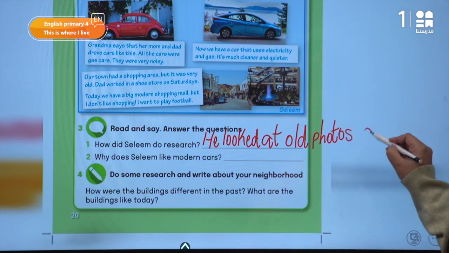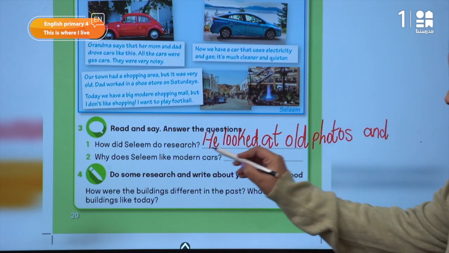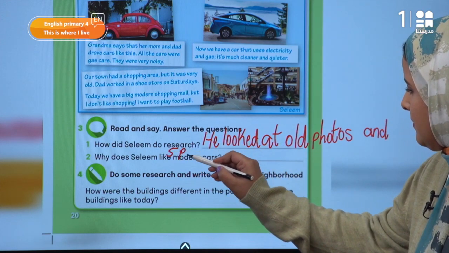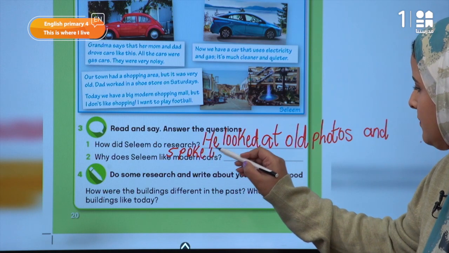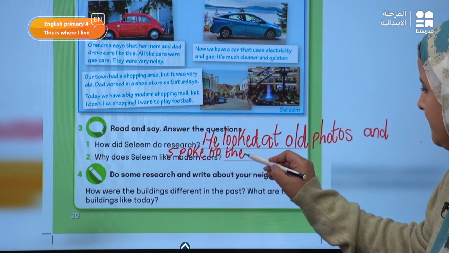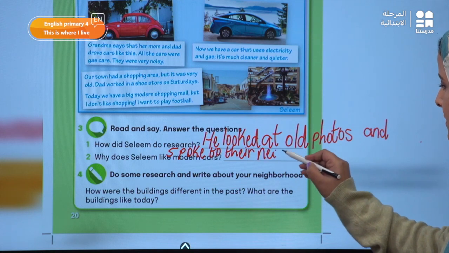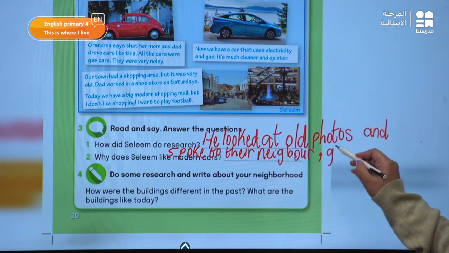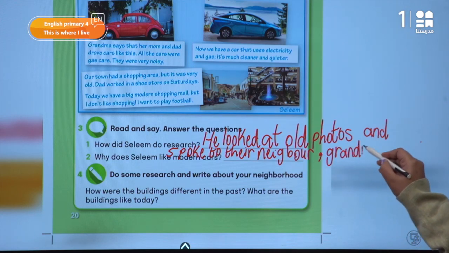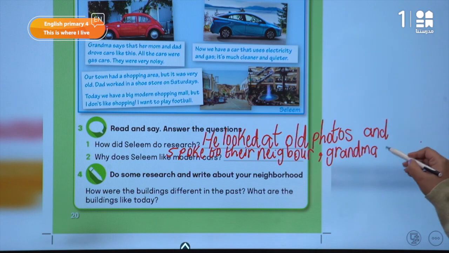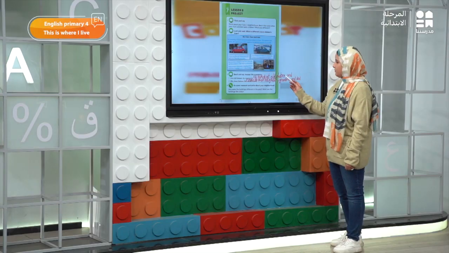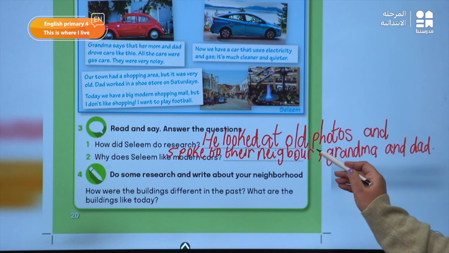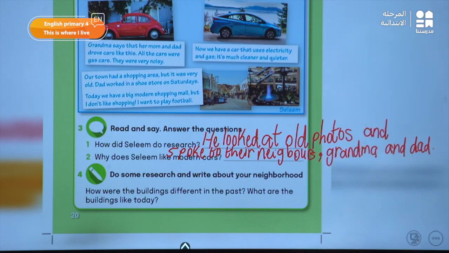And spoke to their neighbors, grandma, and who else? And dad. Okay, so again one more time. He looked at old photos and spoke to their neighbors, grandma, and dad.